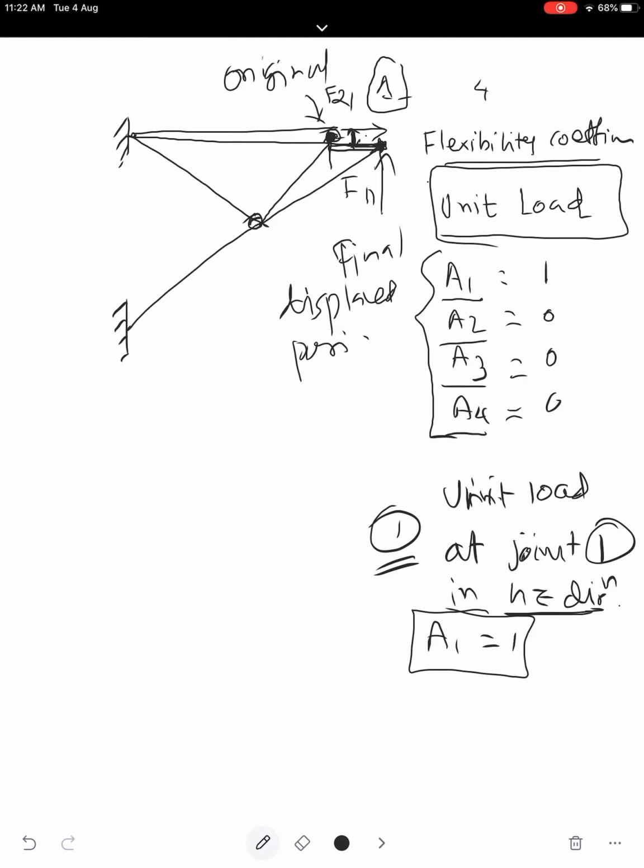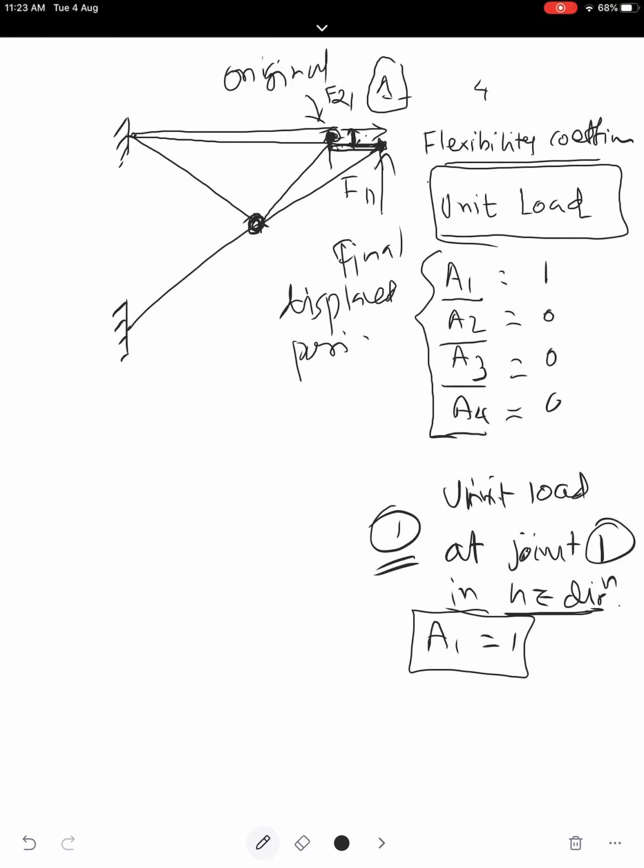Now, this joint was undergoing the unit load, but this other joint was not undergoing any kind of load. These are pin connected members, and the system is such that this will not displace, because we are pulling only this joint in horizontal direction.